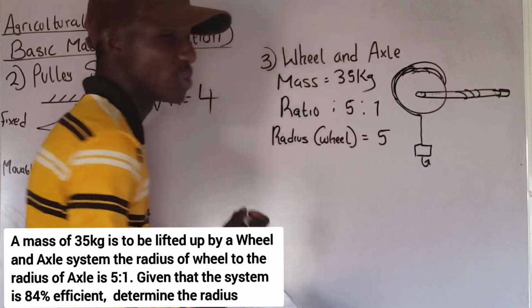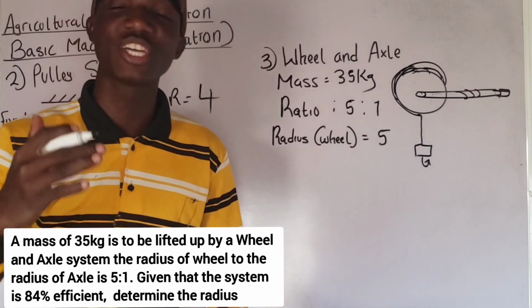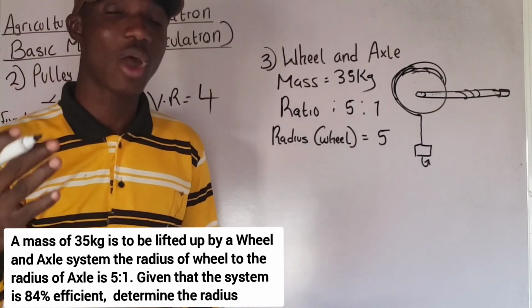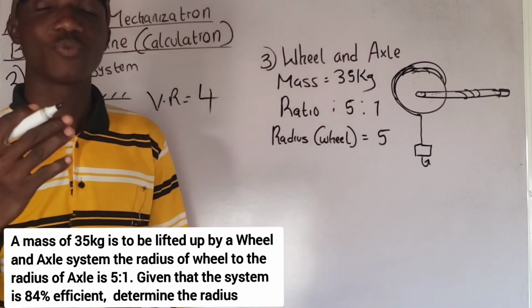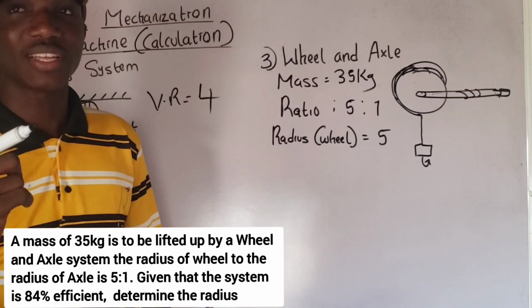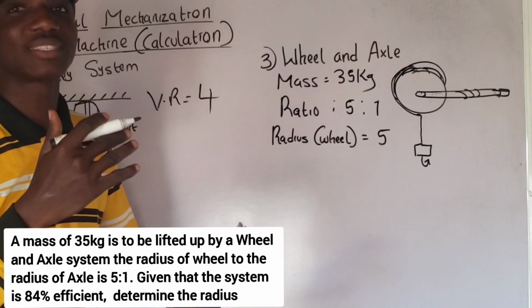Because when we talk about ratio, it is in order. If I say that the ratio of boys to girls in the class is 2:1, that means that when there are two boys in the class, there is a single girl, you understand? So ratio gives the relationship between two quantities.